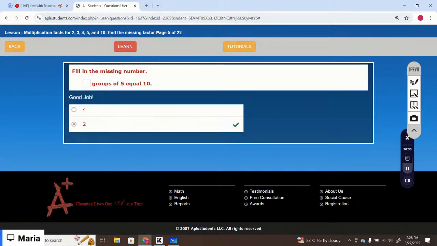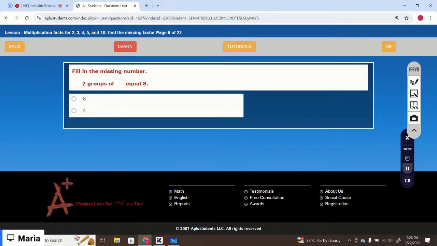Fill in the missing number. 2 groups of dash equals 8. So which is the correct option?